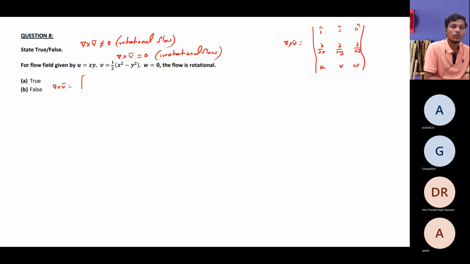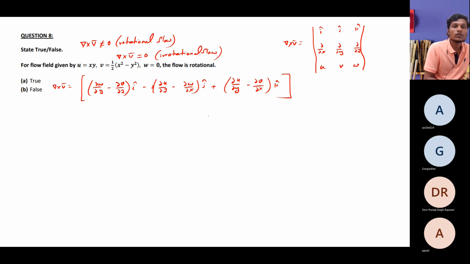Let's solve for the determinant. That is dou w by dou y minus dou v by dou z i cap, minus dou u by dou z minus dou w by dou x j cap, plus dou u by dou y minus dou v by dou x k cap.